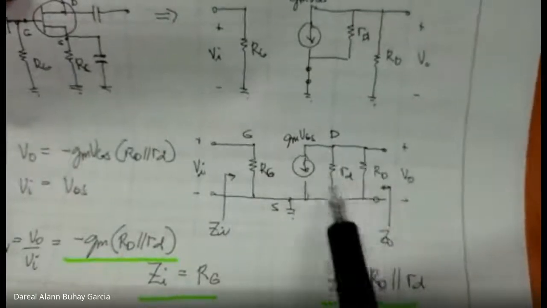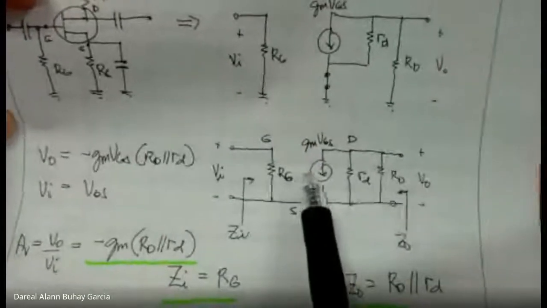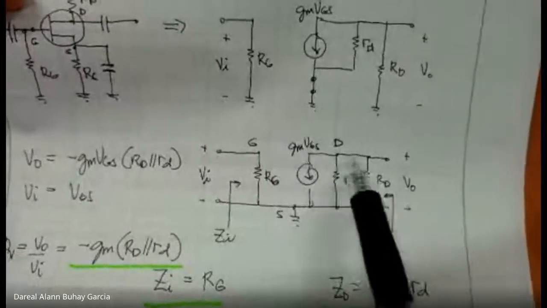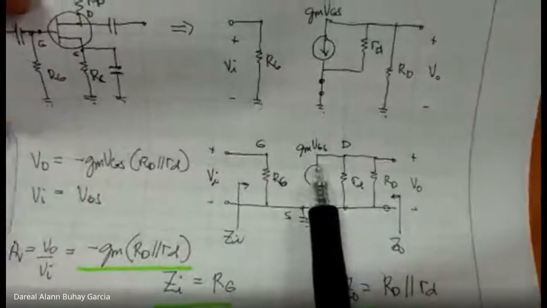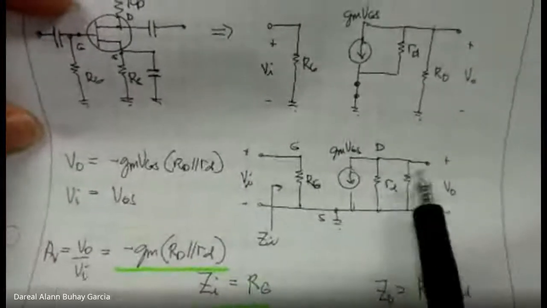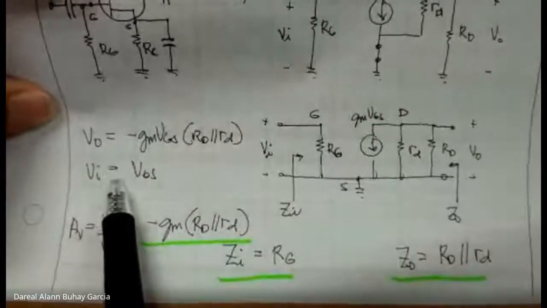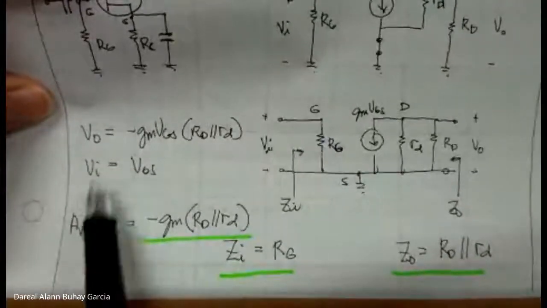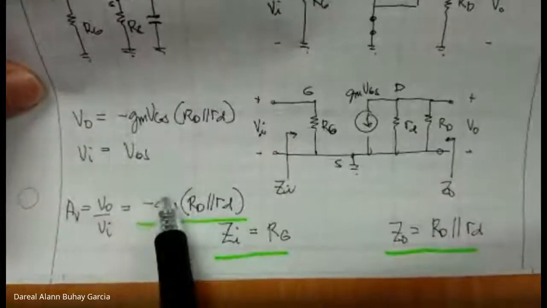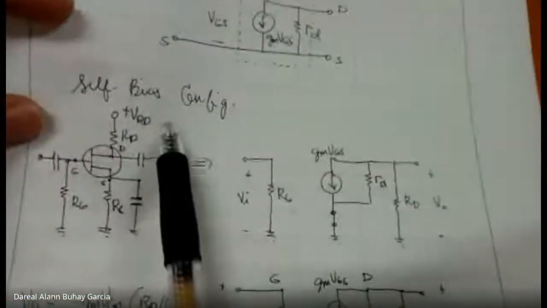The resistance is the output impedance, and the current is negative GM VGS, since it flows in the opposite direction. So VO is negative GM VGS times RD parallel rd. Voltage gain is VO over VI, VGS cancels, so voltage gain is just negative GM times RD parallel rd. Okay? This is just for self-bias.